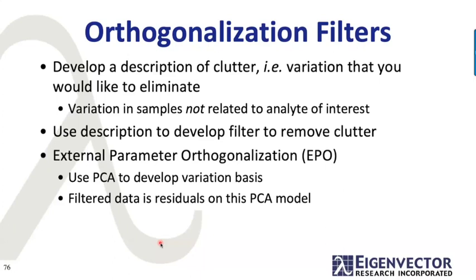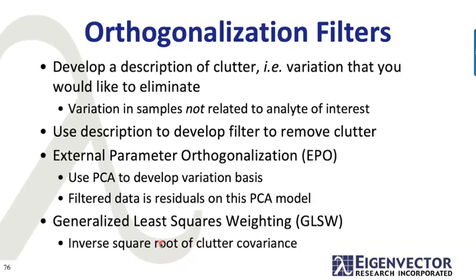A couple of common ways to do that: external parameter orthogonalization. You use PCA of the clutter variation to develop a basis for the variation, and then you filter that data out. Essentially, your filtered data is the residuals on a PCA model of the clutter.